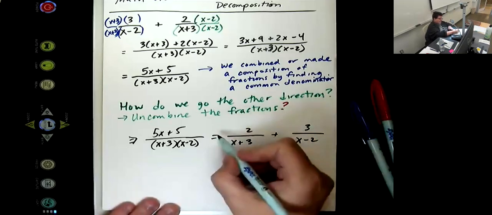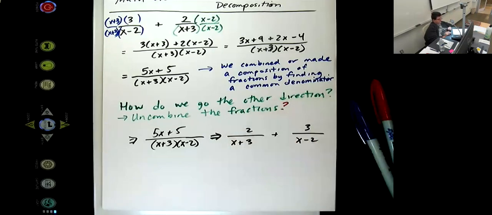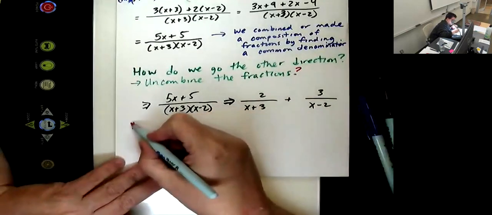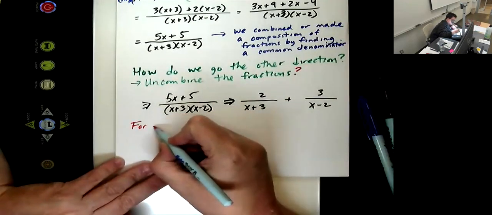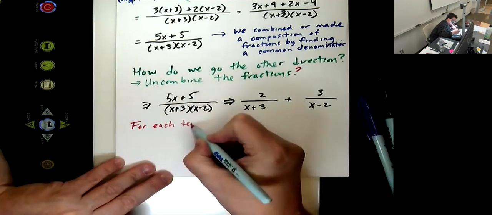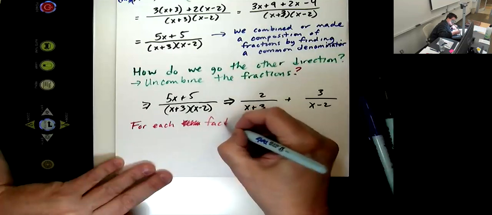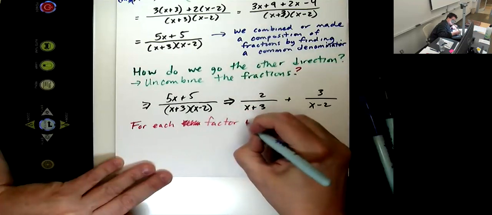How do we go that direction? So the first thing we're going to talk about is, for each factor in the denominator.